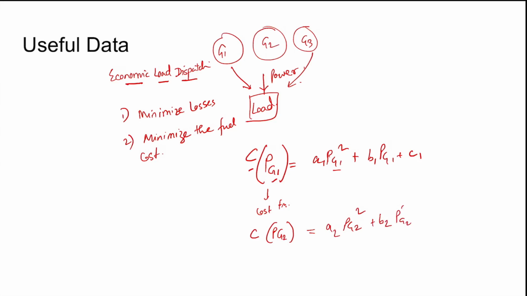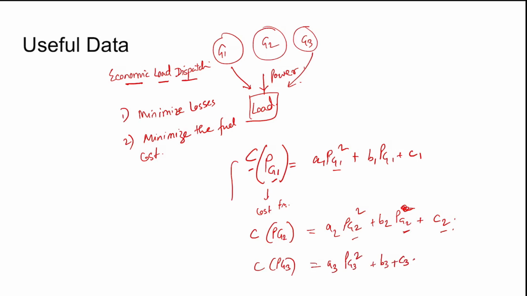This is a non-linear function related to the square of the power, as well as to the power itself and a constant term. Then for G3 it is A3 Pg3 square plus B3 Pg3 plus C3. So these three are the cost functions.